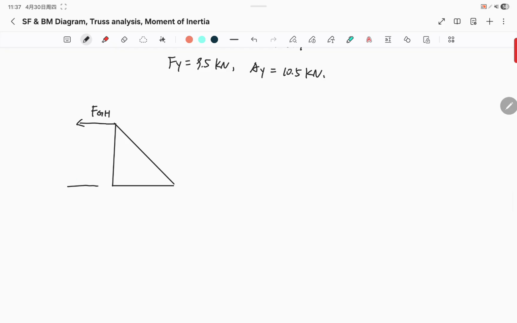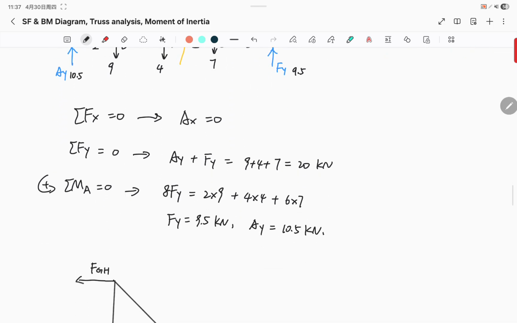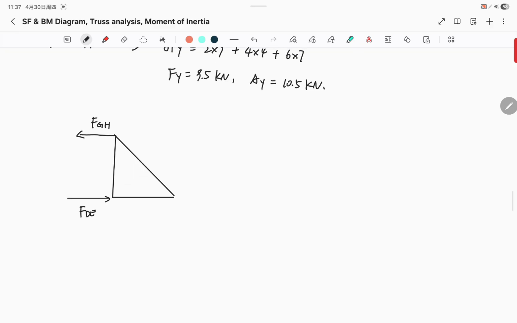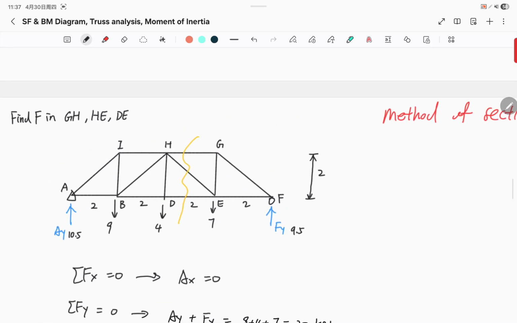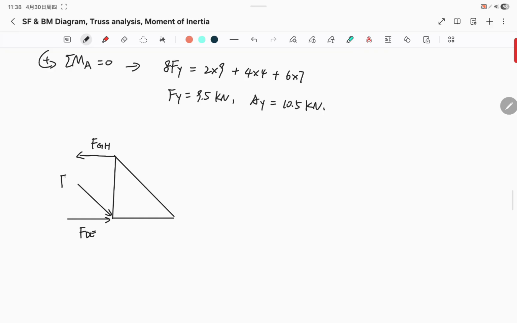This is DE. This is guessing; algebra will tell you if you guess right or wrong. And we have this one, HE.